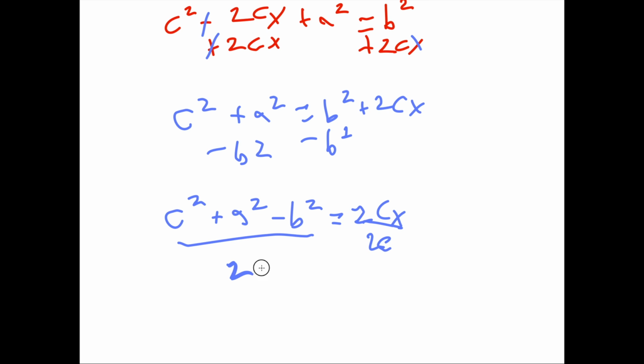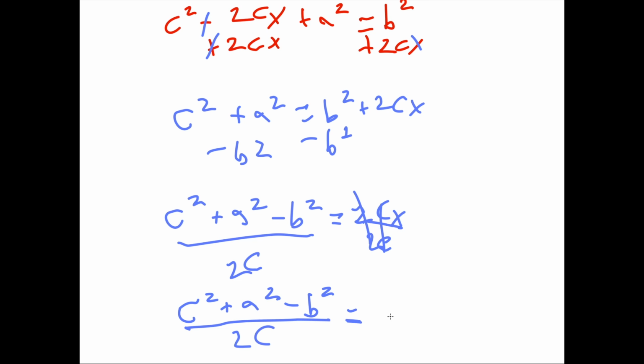These cancel, and you get x equals c squared plus a squared minus b squared, divided by 2c. Okay, so now we know what x is.